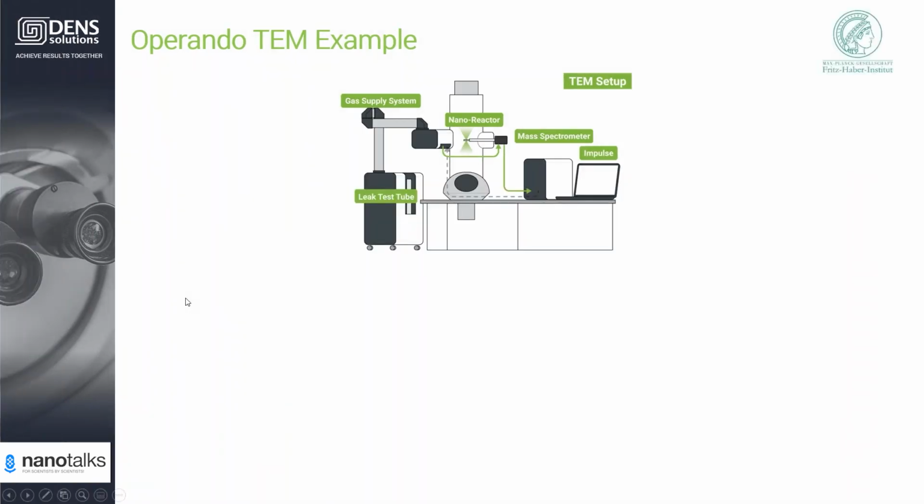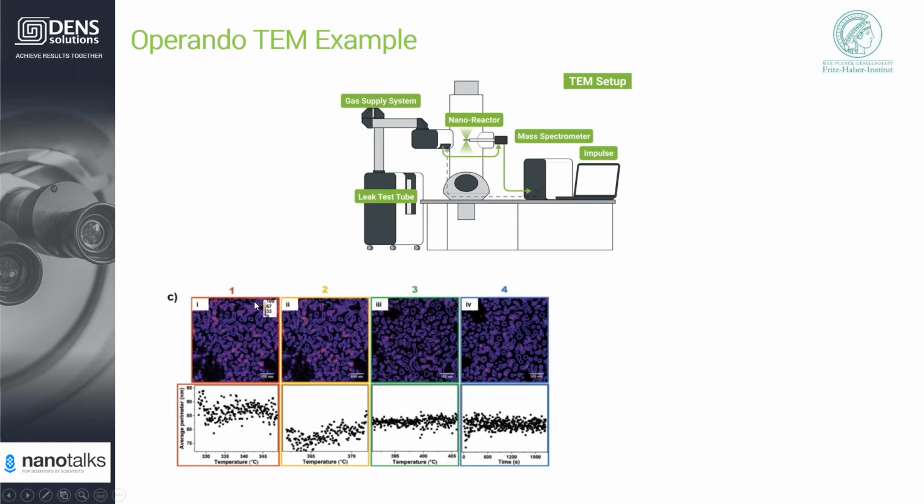Another example is from FHI Berlin this year. From the TEM images, the researchers from FHI Berlin found that before around 380 degrees Celsius, the nanoparticles mainly change shape from longer, elongated particles to more round and smaller particles.